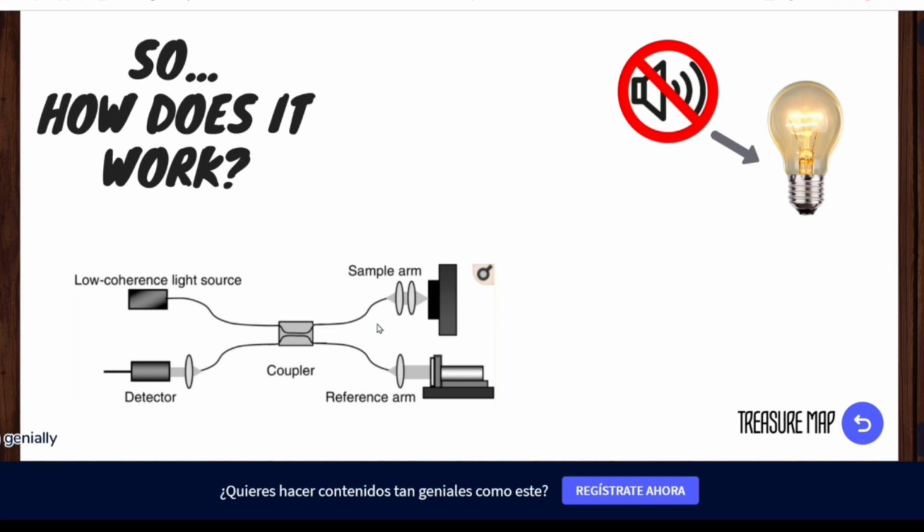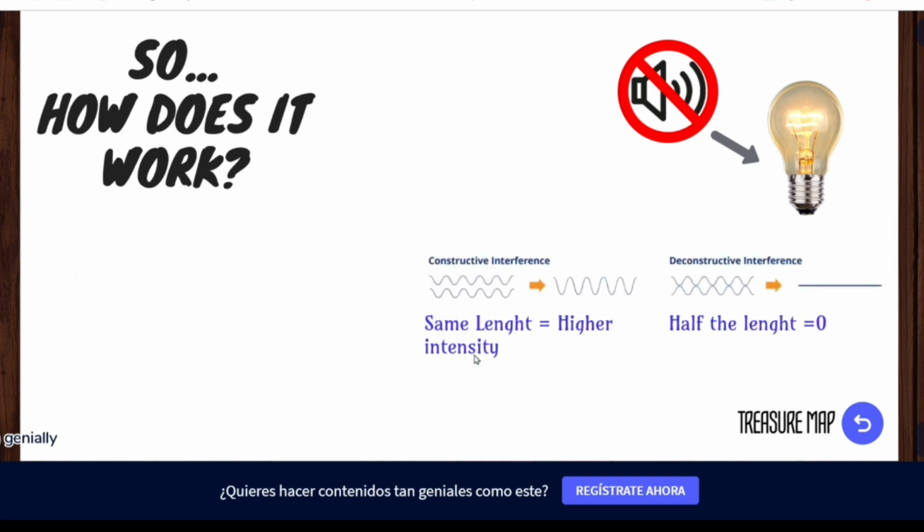The different structures have different indexes of refraction, and light will be scattered when encountering an interface. The returning light from both arms will recombine and the coupler generates a pattern, which is recorded, and that's how the image is constructed. It is important to know that the penetration and the depth will be determined by the wavelength and the source power, and that the most common source of light is the light-emitting diode.